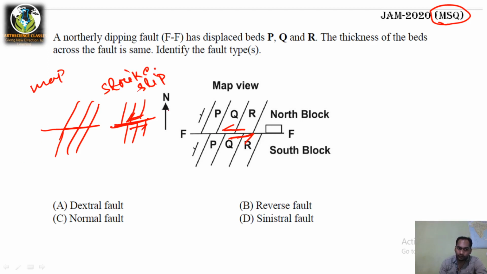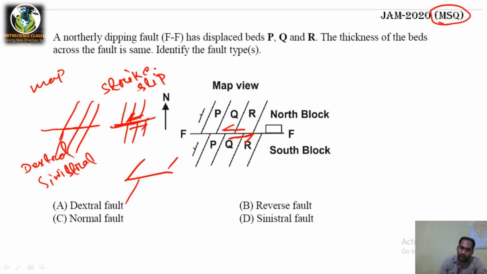So how do you know? Then the next challenge is whether it is dextral or sinistral. Most of the time people get confused with this. So I will give a clear picture of that. So this is the block, right?